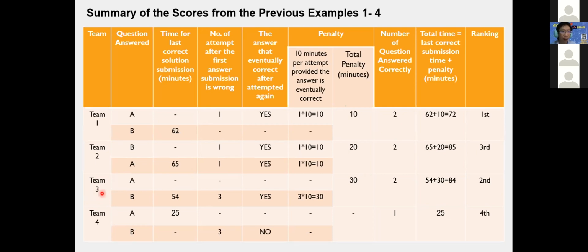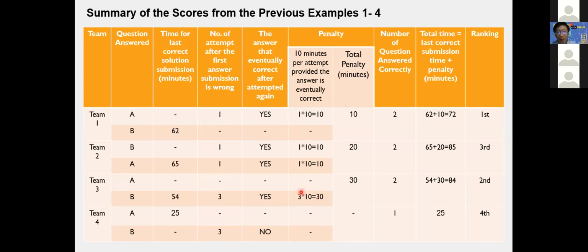Now for team 3, based on the example just now, for question B, the last correct submission time is 54 minutes. Then there are 3 incorrect attempts before they eventually got it right.